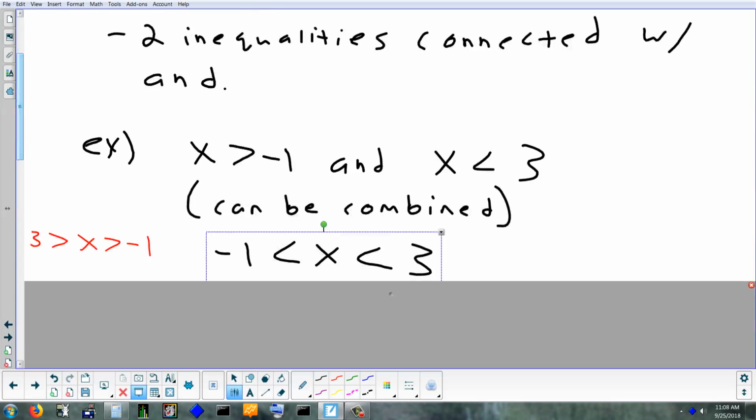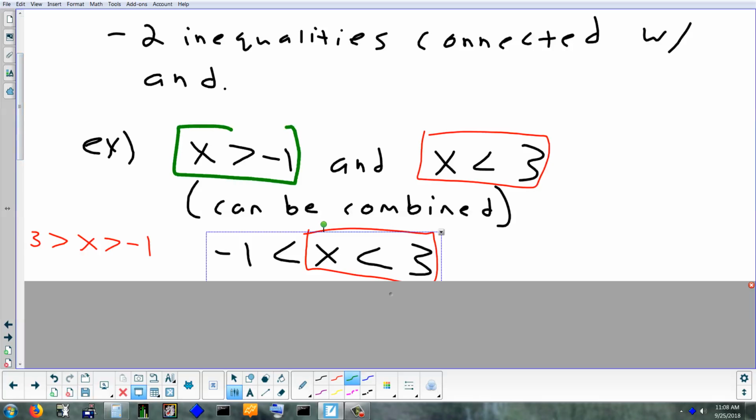If you're wondering how you get that, look at this part: x is less than 3. There's your x is less than 3. The second part is a little tricky: x is greater than -1. That's right here. It's not written in the same order, but -1 is less than x.